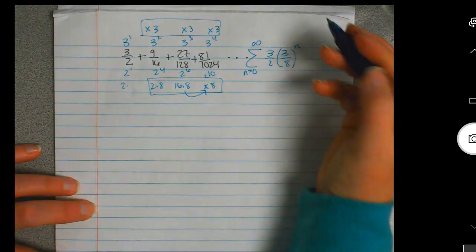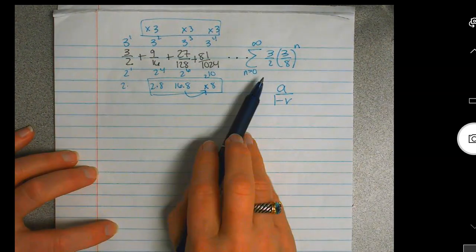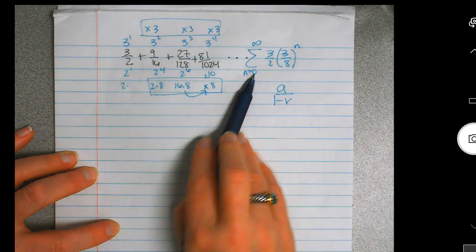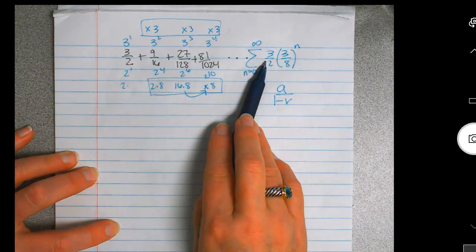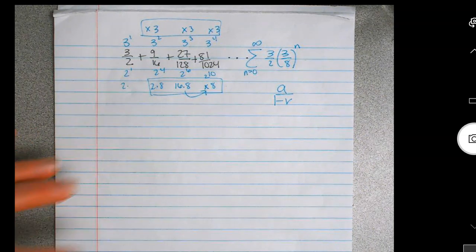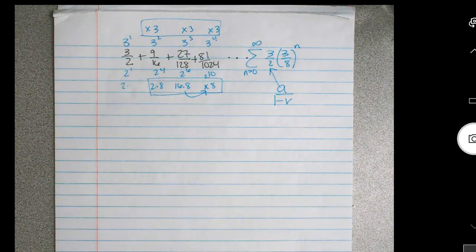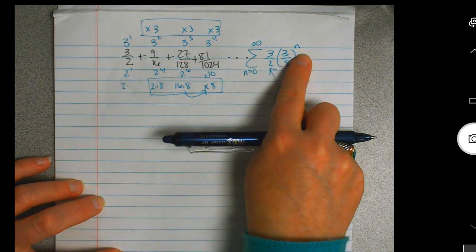Then you can say a over 1 minus r and find a by plugging in the first term. If you plug in 0, that becomes the first term. In this case, it's really the first term, so it's better to plug this in and find out what you get.